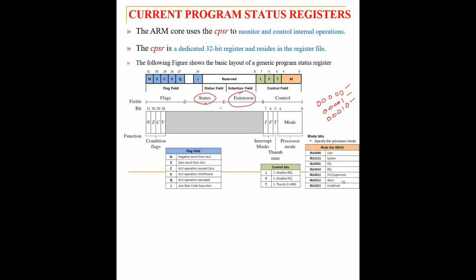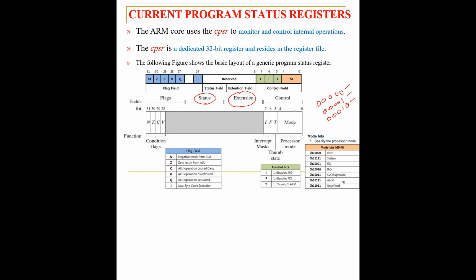Who knows, in future they might. Out of the flag field, I am going to use 4 flags: negative flag, zero flag, carry flag, and overflow flag. If you want, you can use the saturation flag also, but normally I do not use it. Based on the status of these conditional flags, your instructions will get executed.